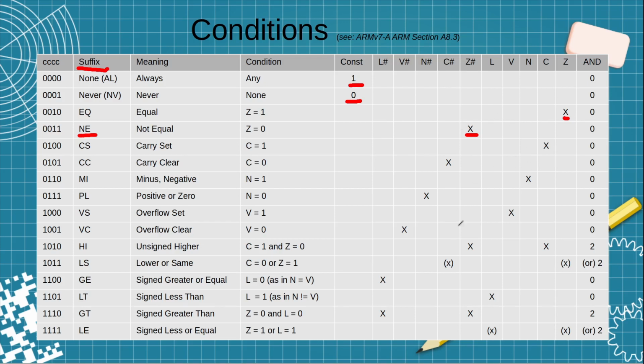It's relatively simple to follow until you get to unsigned higher, where I've got a complicated or non-trivial condition where 2 things need to be evaluated. And then of course I'm going to need a 2 input AND gate in order to calculate those. Similarly, if I've got, for example, lower or the same, instead of using an AND gate, I actually need to OR these 2 together, and I need a 2 input OR gate in order to make that happen.